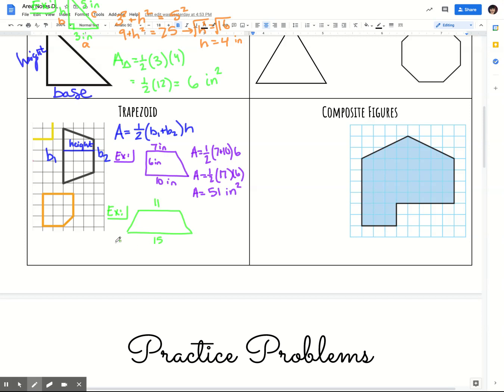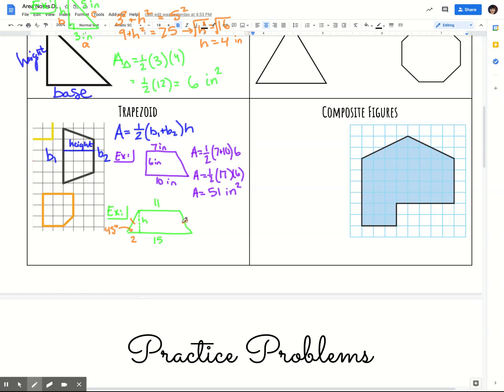Okay, and then I'm going to tell you that I don't know what the height is, but I do know that this distance right here is 2, and I'm going to tell you that this right here is 45 degrees.